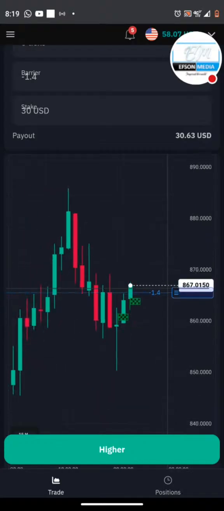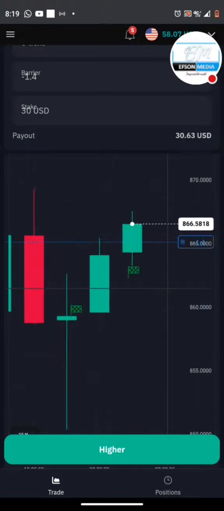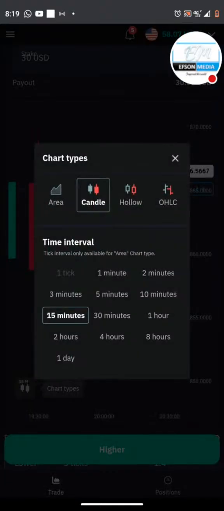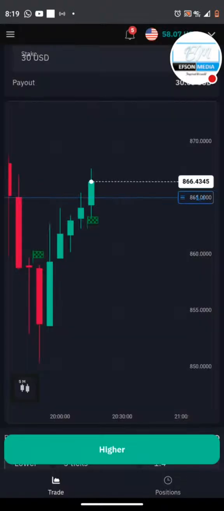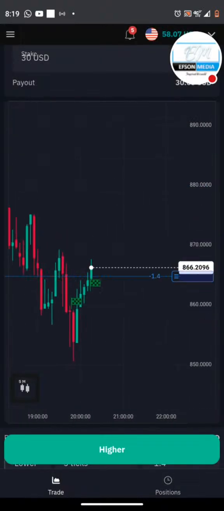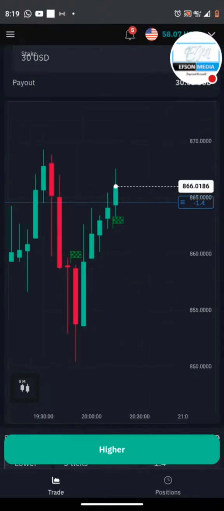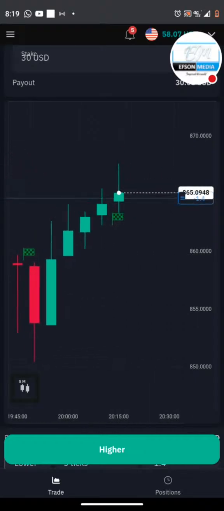So it's 8:19. The 5 minute candle is coming to start, so be careful before you are entering. And it's 8:20. The 5 minute candle will be formed, so you should be watching carefully before you enter.